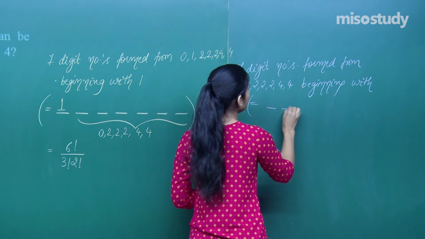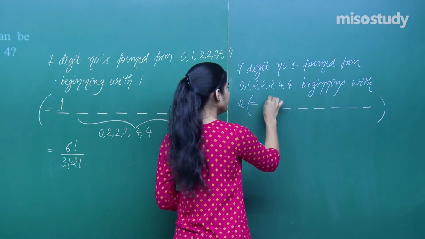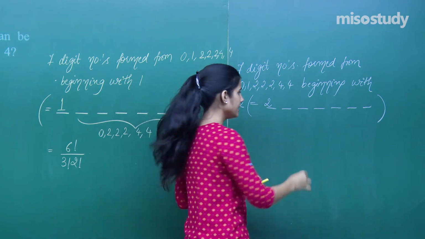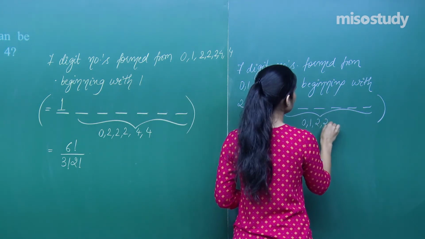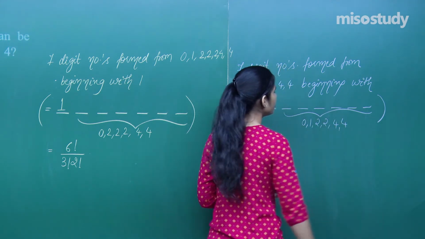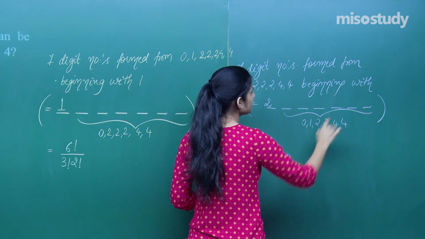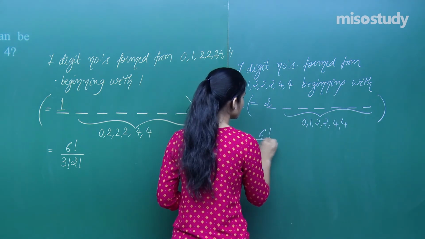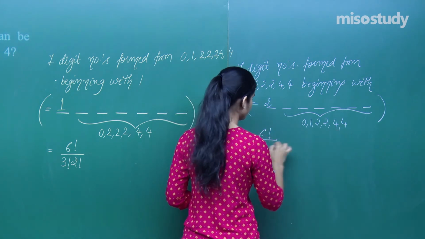That means basically 7 places are there, 7-digit number beginning with 2. Now you are left with 0, 1, 2 2s and 2 4s. In how many ways can you arrange these 6 digits in these 6 places? In 6 factorial upon 2 factorial into 2 factorial.